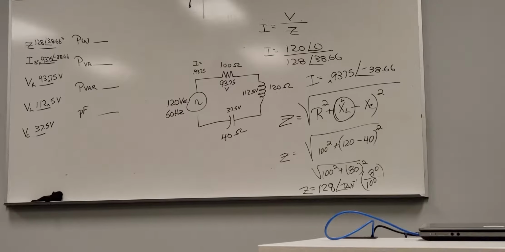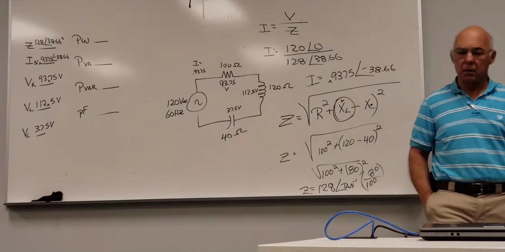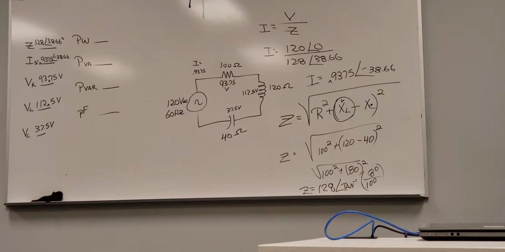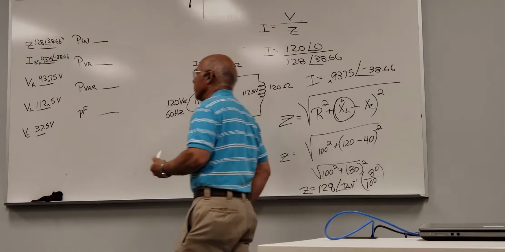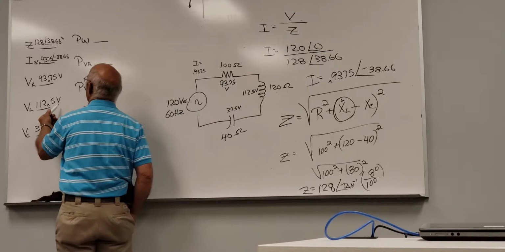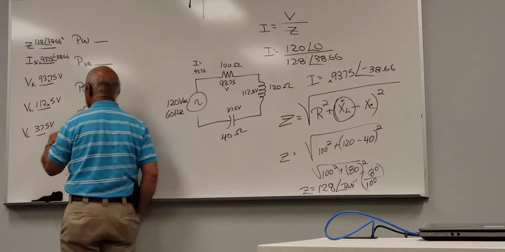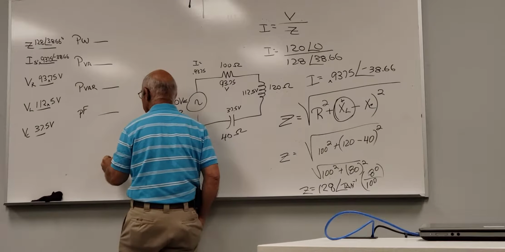That's over 240 volts. That doesn't add up to be 120. The voltages are out of phase. We have to add them vectorially.